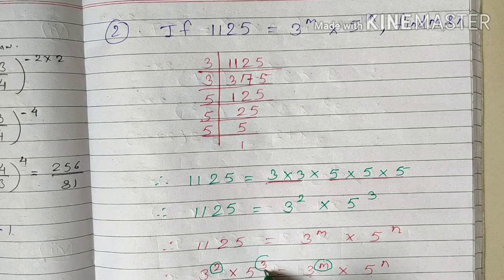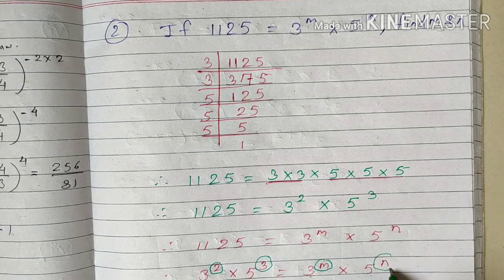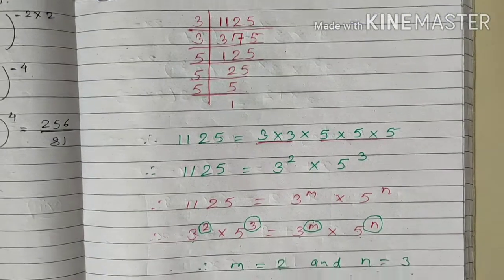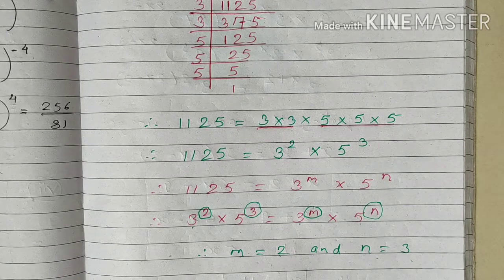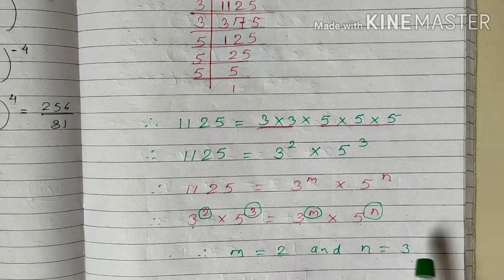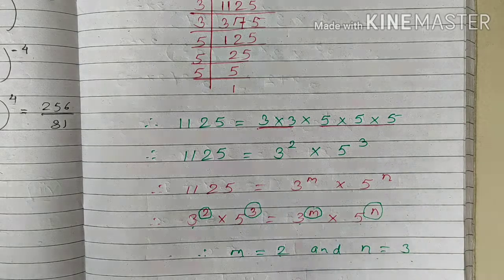So therefore the value of n will be 3. So m is 2 and n is 3. Is that clear to everyone? The value of m is 2 and the value of n is 3. Okay.